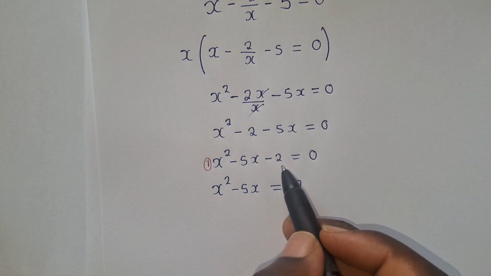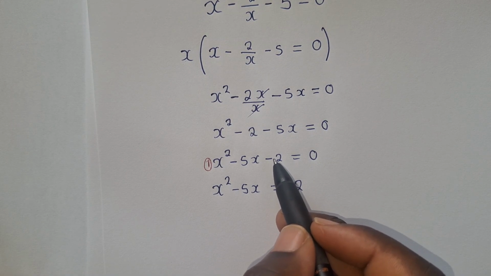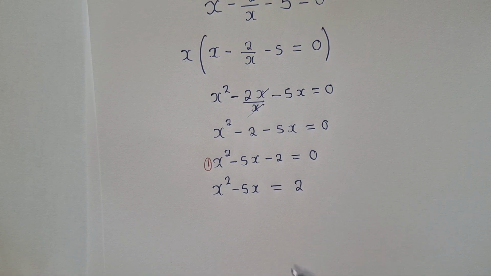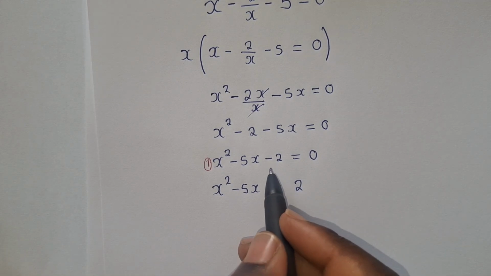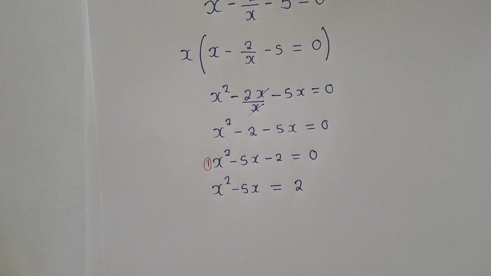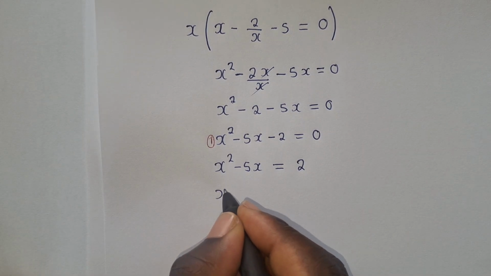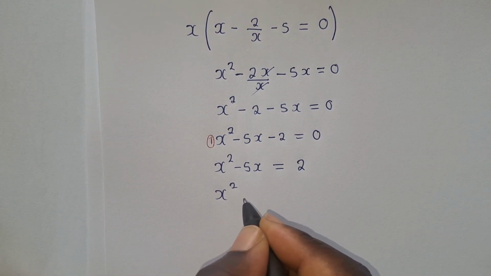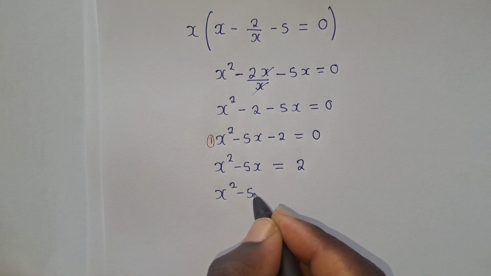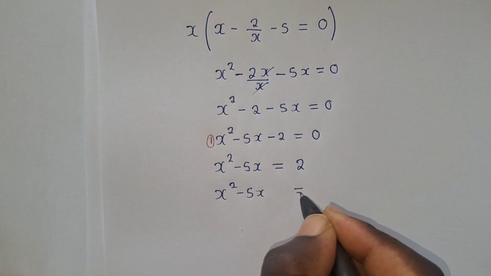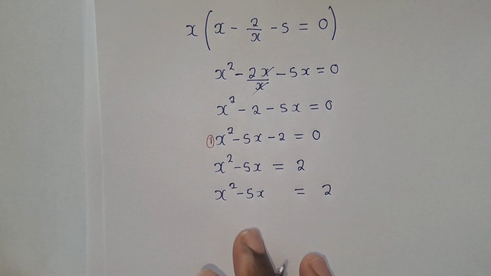In other words, we shall get this constant, take it to the other side of the equation, like this. It was negative, it's now positive. And the moment we write it like this, we shall say x power 2 minus 5x, we leave some space, and then we say equal to 2, okay?